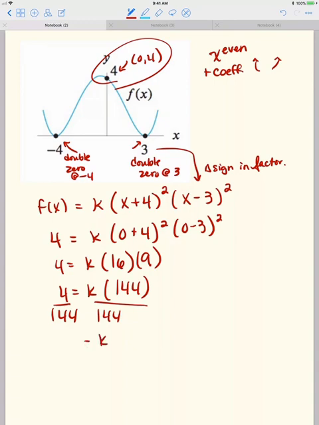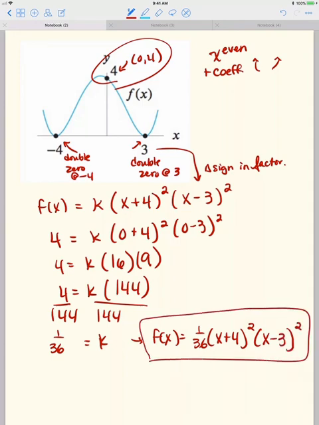Simplify that, I get that my constant is 1/36. Again, leave it, don't give a decimal. So your final function for f of x is 1/36 times x plus 4 squared times x minus 3 squared. And you can leave it just like that.